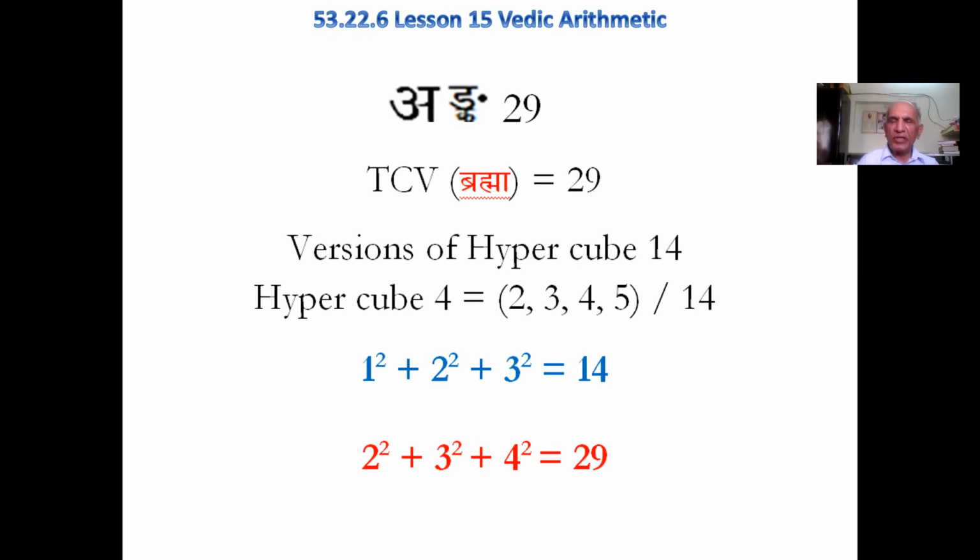And the value 14 is accepting its organization as 1 square plus 2 square plus 3 squares, while value 29 is accepting its organization as 2 square plus 3 square plus 4 square. See the transition. The transition is from the first triple value square to the next triple value square.